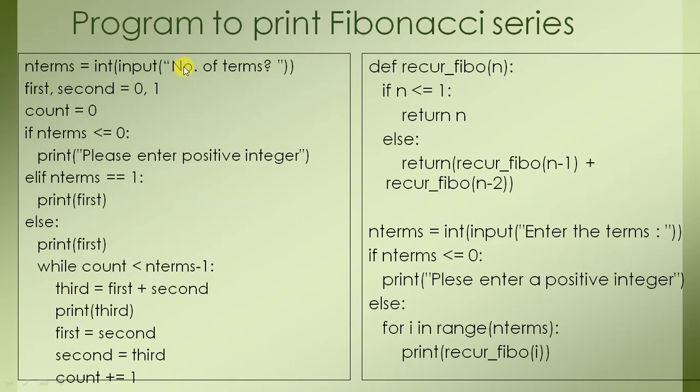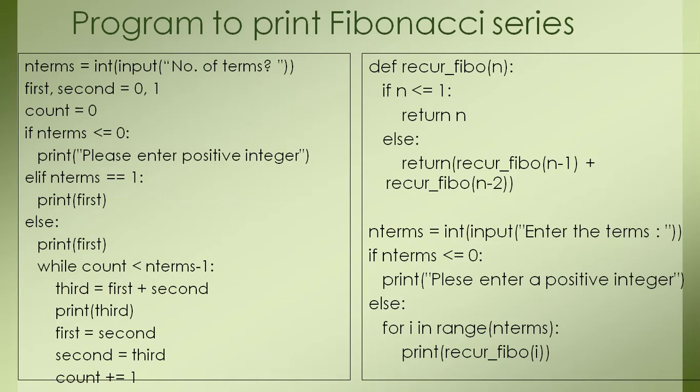Rest of the input is same. You have to enter the number of terms. You take the first and second as 0 and 1, and you run a loop, and then you calculate the third value, that is equal to the sum of first two values, that is third is equal to first plus second.